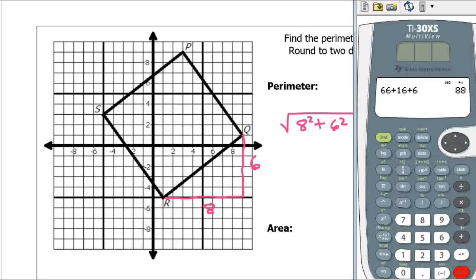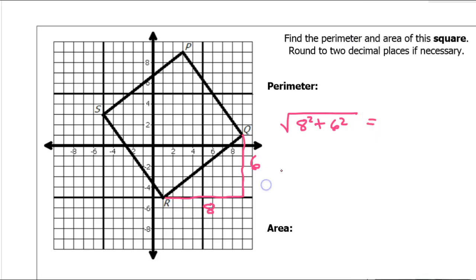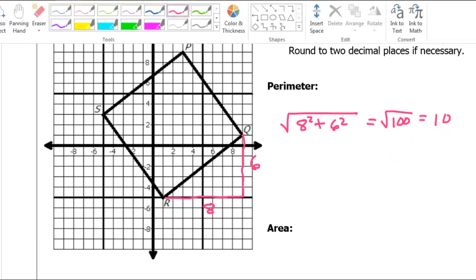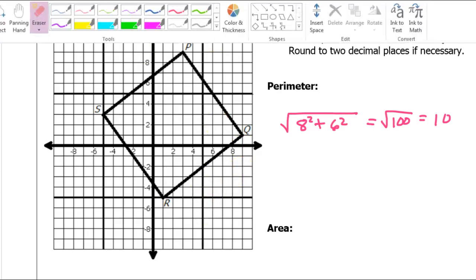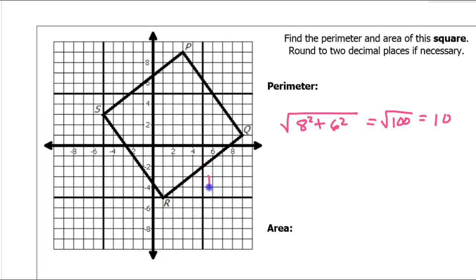Okay, let's see what that is. 8 squared plus 6 squared. Oh, well, that's 100. All right, so that's going to be the square root of 100, which is 10. Well, that makes life really easy. So that tells me that this square has side length 10.